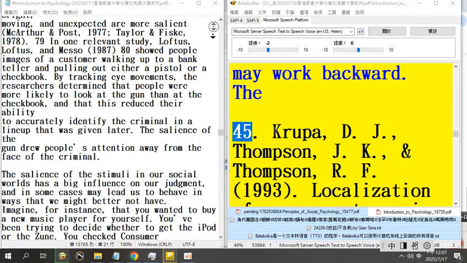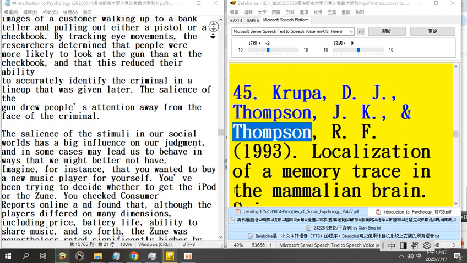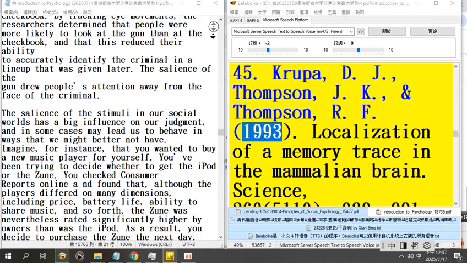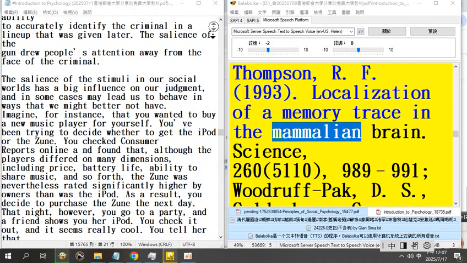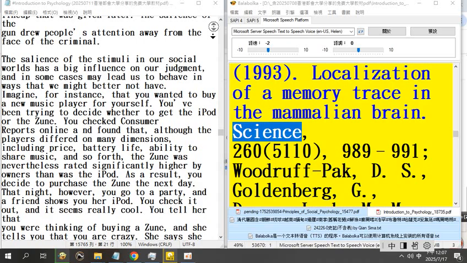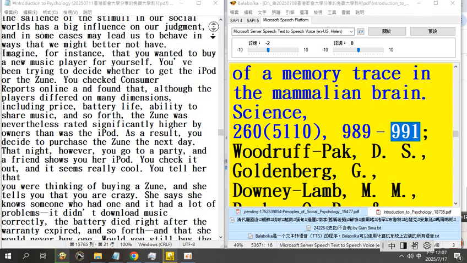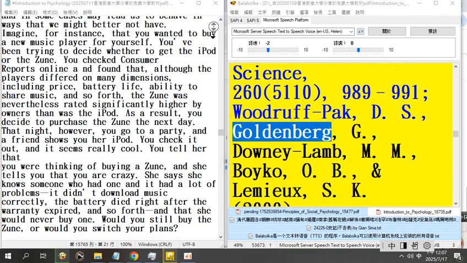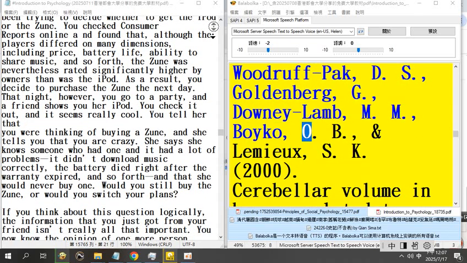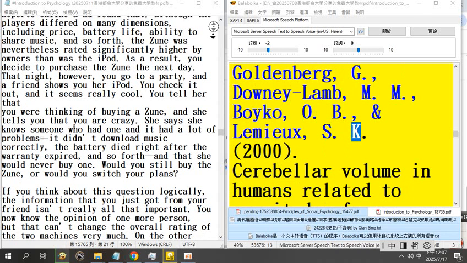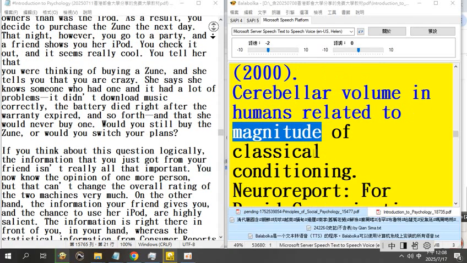45. Krupa, D.J., Thompson, J.K., and Thompson, R.F. 1993. Localization of a memory trace in the mammalian brain. Science, 260, 5110, 989-991. Woodruff-Pack, D.S., Goldenberg, G., Downey-Lamb, M.M., Boyko, O.B., and Lemieux, S.K. 2000. Cerebellar volume in humans related to magnitude of classical conditioning.